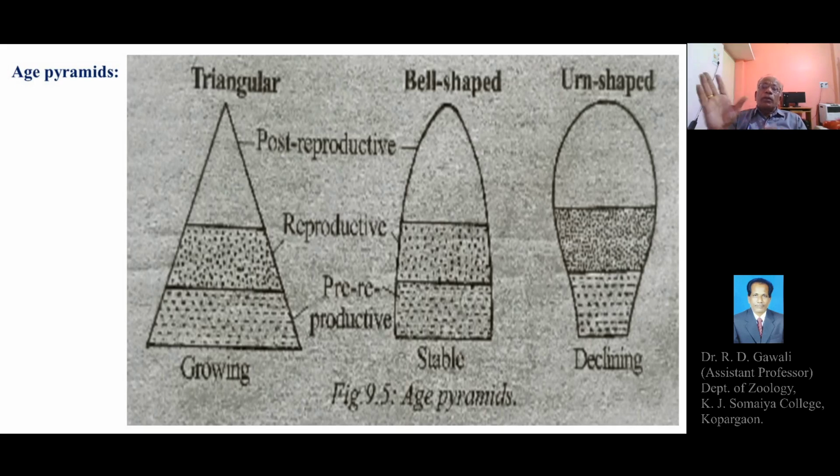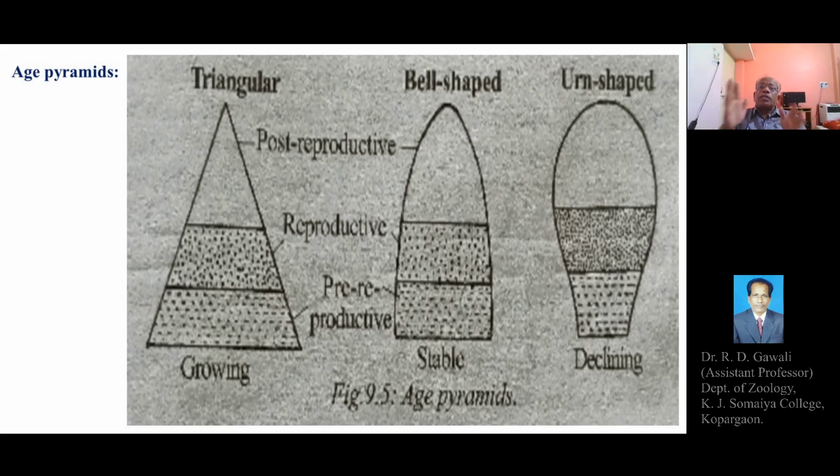So in an urn-shaped age pyramid, the individuals of the post-reproductive age group are large in number, indicating that the population is declining. In the first case, the population is increasing.